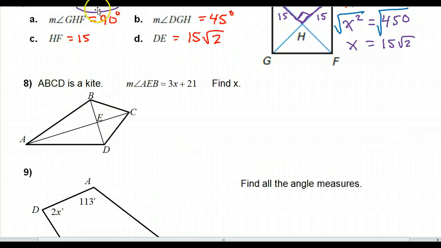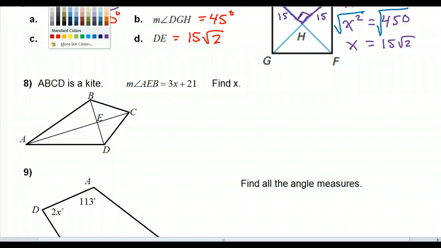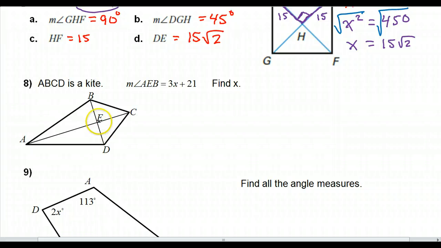ABCD is a kite. So we have to remember the special characteristics of a kite. The main thing you have to remember is that a kite has diagonals that are perpendicular. So that means this angle is 90 degrees. That makes this really easy. Angle AEB is this angle right here.